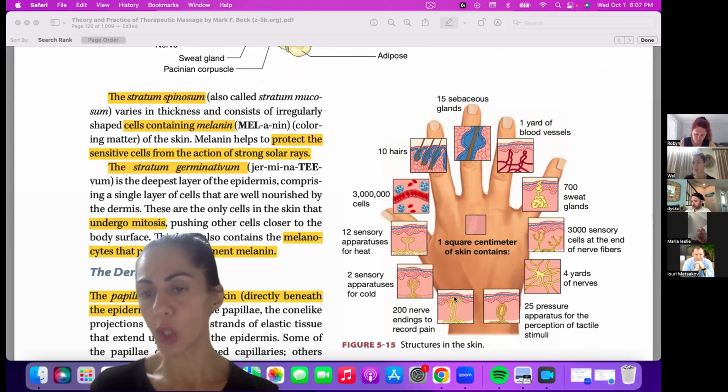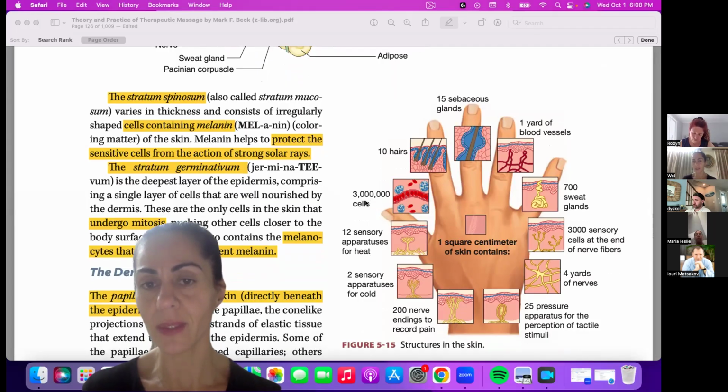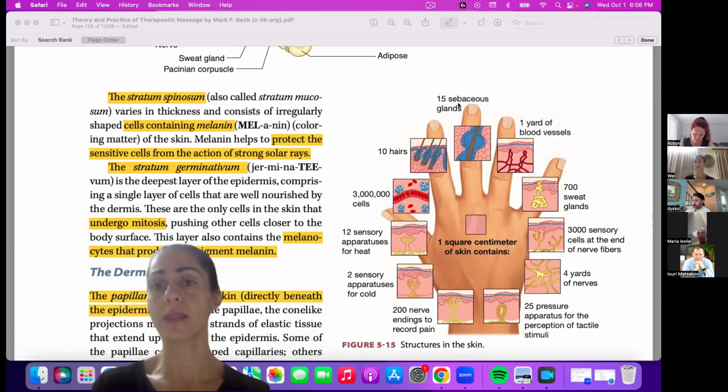So nerve endings are closer to the surface, while the apparatus here and the sensory ones of cold and heat are a little bit deeper. And there's over 3 million cells that you will find in 1 square meter of skin. That's kind of crazy, huh? And let's not forget also the sebaceous glands.